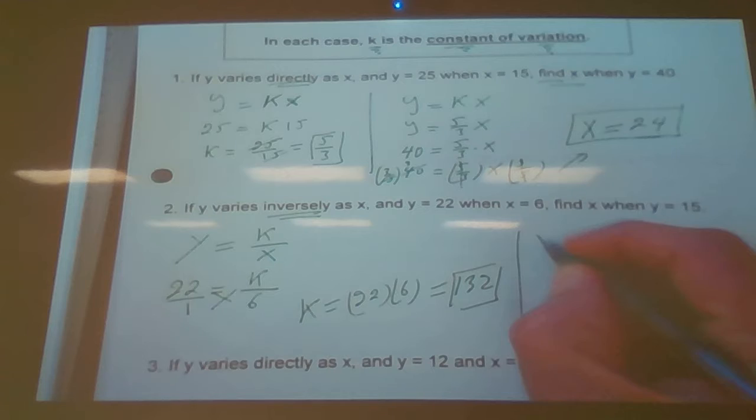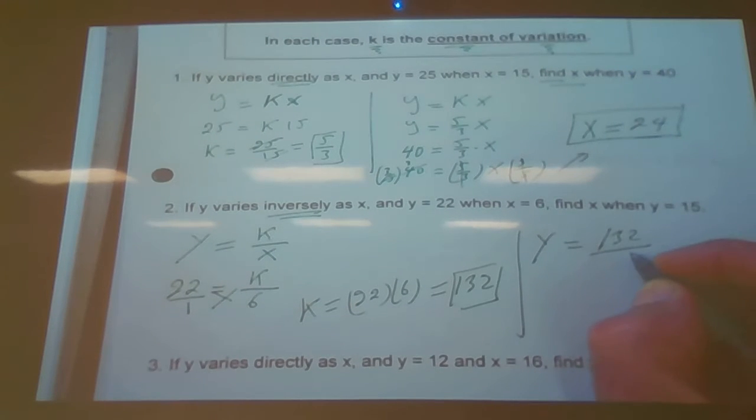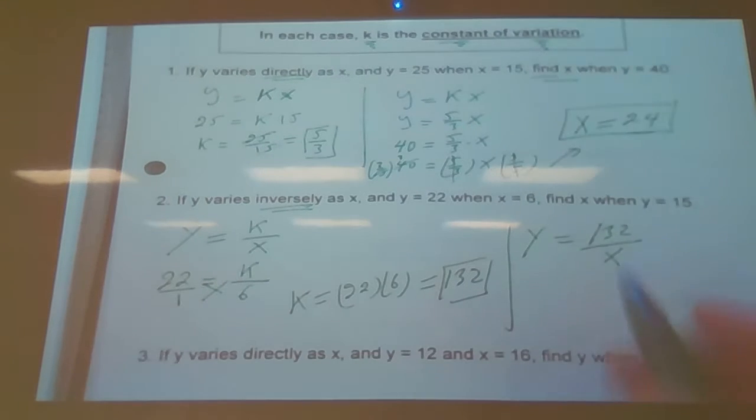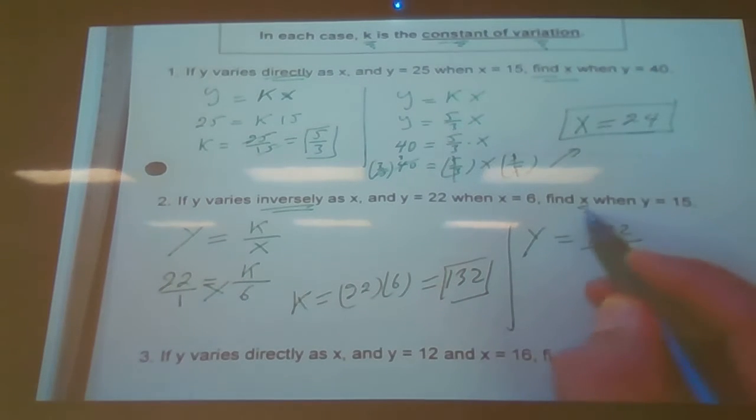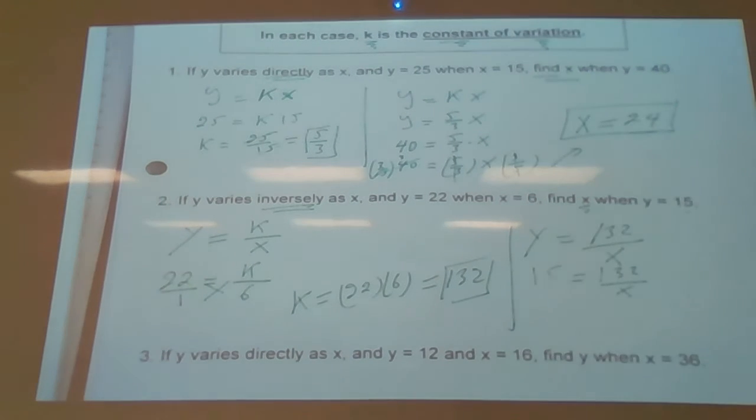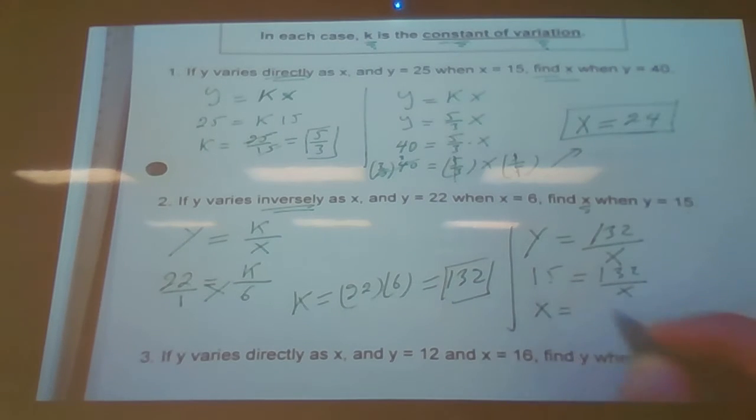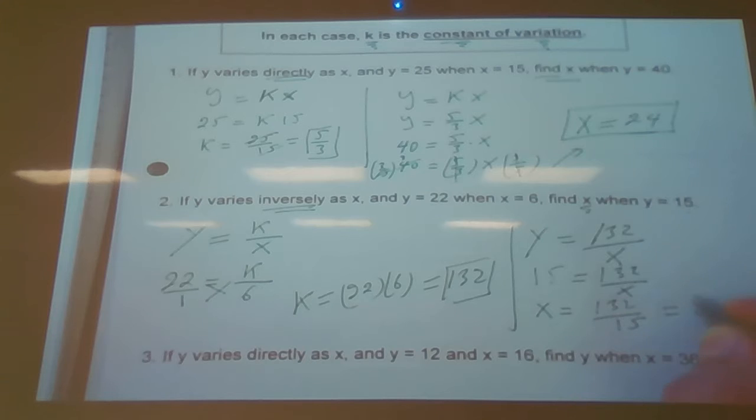Once you find k, rewrite your expression with the 132 in this case. Now answer the question. Find x when y is 15. So 15 is equal to 132 over x. So that's going to give you x is equal to 132 over 15, or about 8.8.